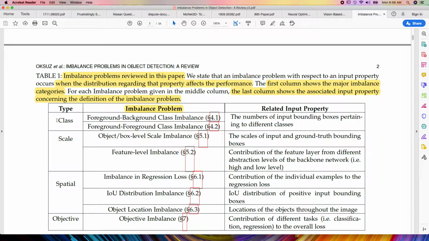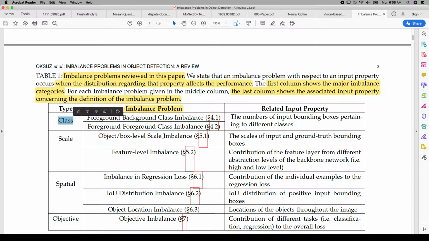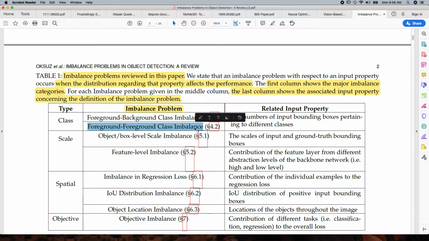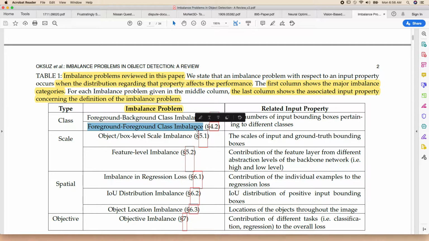The most obvious common one is the classes, where you actually talk about the foreground class imbalance. It is the one that is very common. In other words, you're saying you want to detect cats and dogs. So how many cats, how many dogs do you have in your data set altogether?